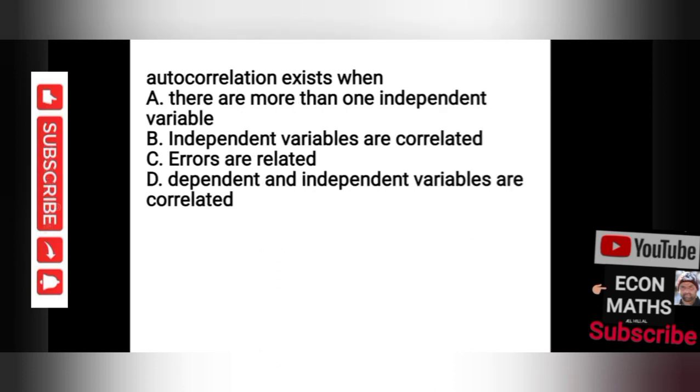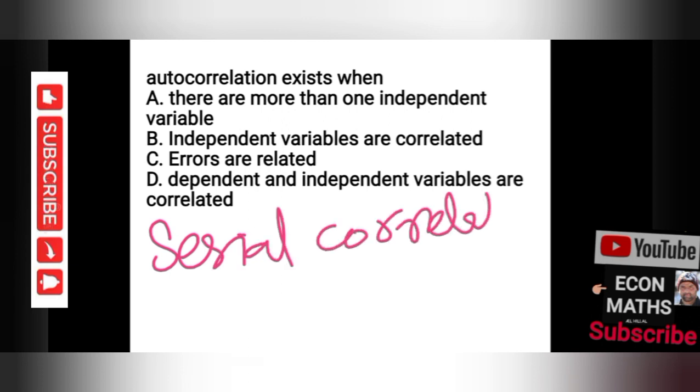Next question is, autocorrelation exists when: first option is there are more than one independent variable; B option is independent variables are correlated; C option is errors are related or correlated; D option is dependent and independent variables are correlated. First of all, autocorrelation is also called serial correlation. So serial correlation or autocorrelation exists when the error terms are correlated.